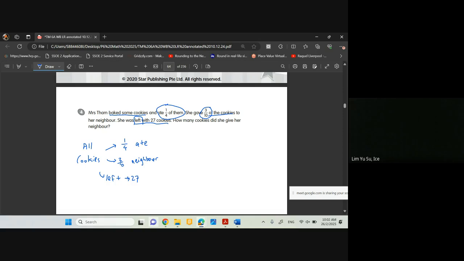If I just work through the fraction, I am able to see that for all of the cookies, I can straight away find what's left by using 1 whole, that's all the cookies, minus the fraction that was eaten, minus the fraction that was given away.